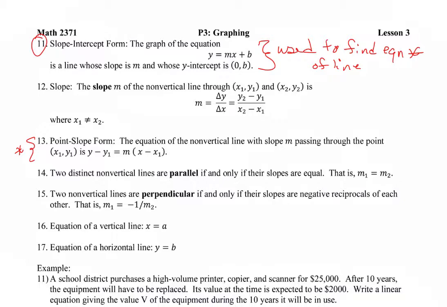The second thing we want to talk about is the slope, and that is the change in y over the change in x, and the little delta symbol means change in, and that's y2 minus y1 over x2 minus x1. That's also the rise over the run.